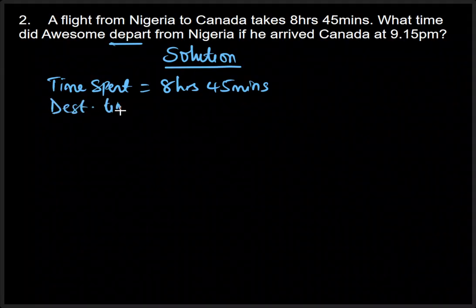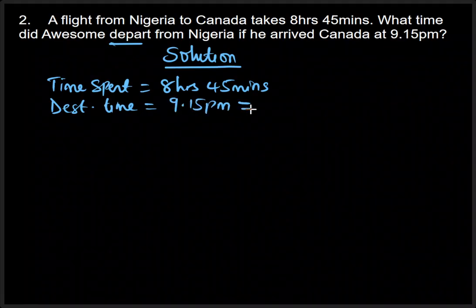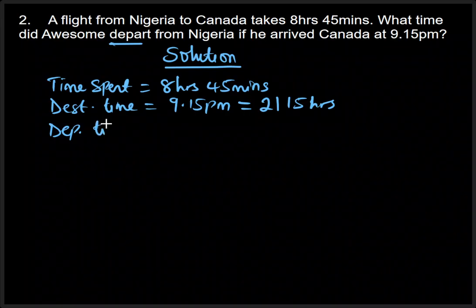Destination time is equal to 9:15 p.m. Of course, we have to put this in 24-hour clock system. Make sure you take note of this. And that will be 21:15 hours. Remember, in 24-hour clock, you may see the colon, you may not see the colon. But know that the first two digits have to do with the hours, and the other two have to do with the minutes.